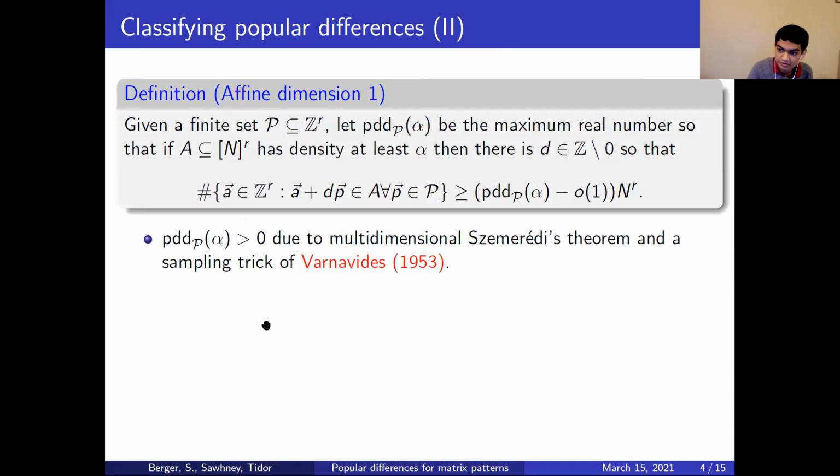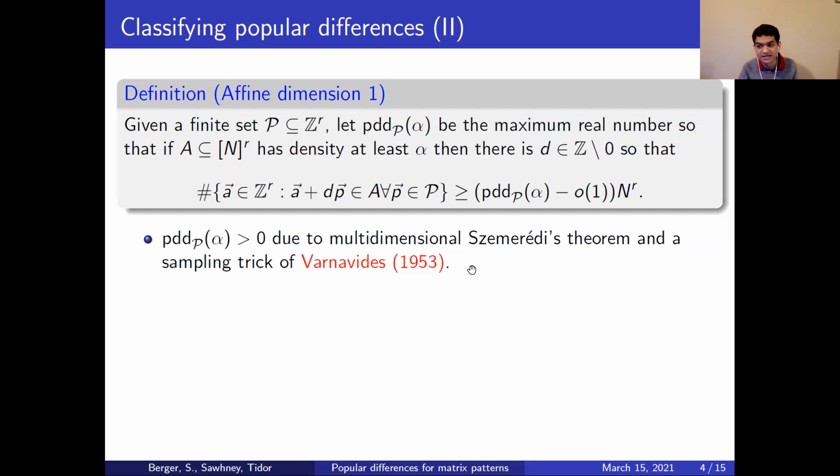One quick note is that this is actually always a positive real number. You can always find some positive density of arithmetic progressions in your set of a certain difference. This follows due to the multidimensional Szemerédi theorem, along with a sampling trick that dates back to Varnavides.